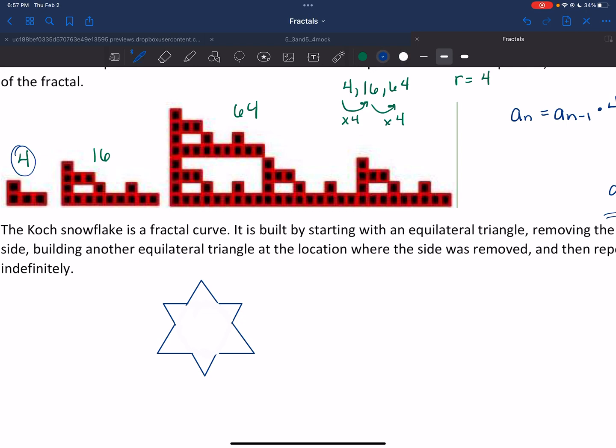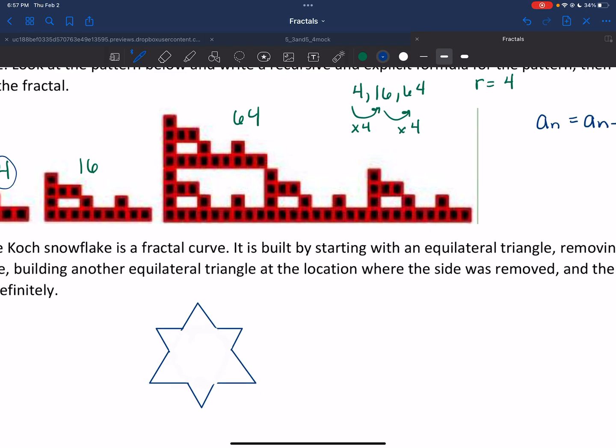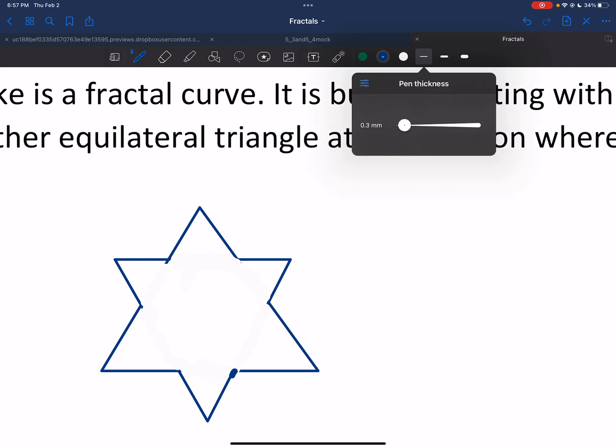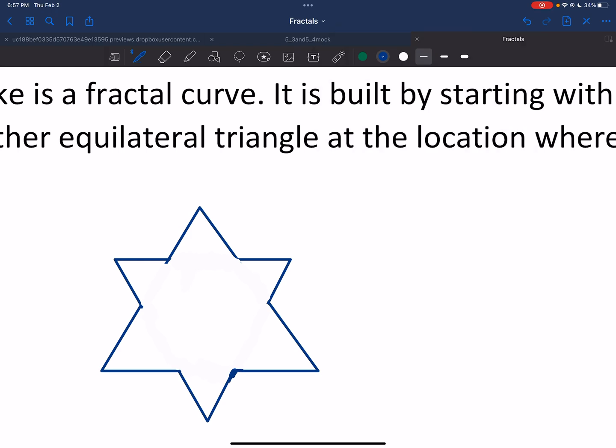Then from there, I put additional triangles on the tips of the triangles, right? So I'm going to have a triangle there and a triangle there, triangle there, triangle there, triangle here, triangle there, and I'm going to put one on each tip.